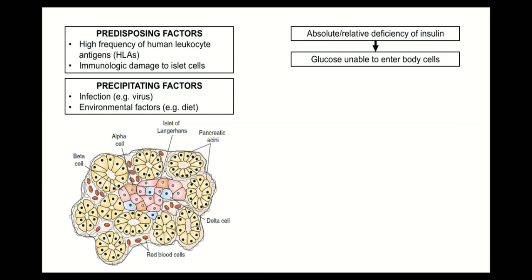Ineffective glucose transport means that one function of insulin is to allow glucose to enter the body cells so it can be used as a source of energy. So if there is no insulin or there is deficient insulin, glucose will not be able to enter the body cells.